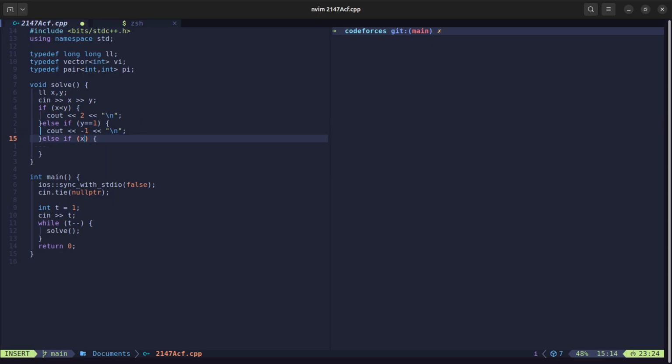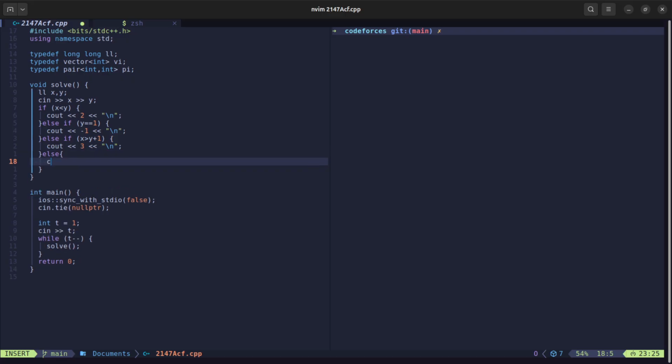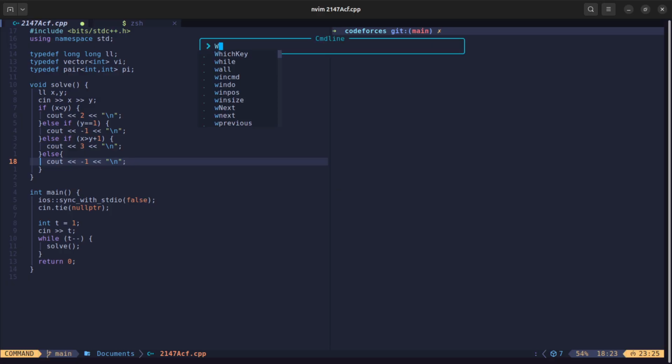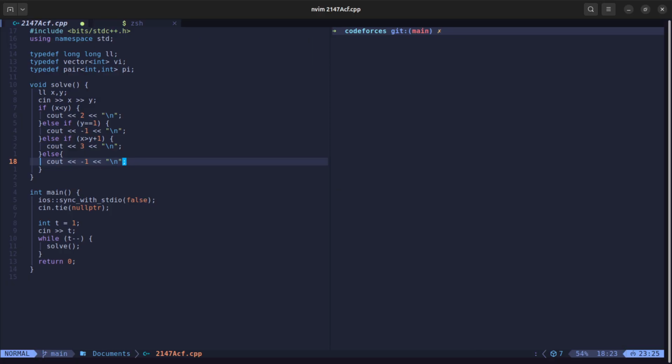If x is greater than y plus 1, then it should be 3. Else cout minus 1, okay, that's sufficient.